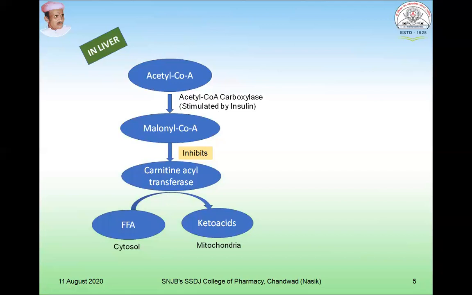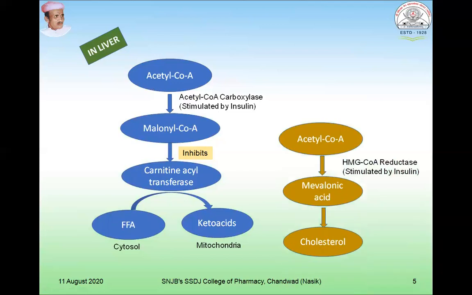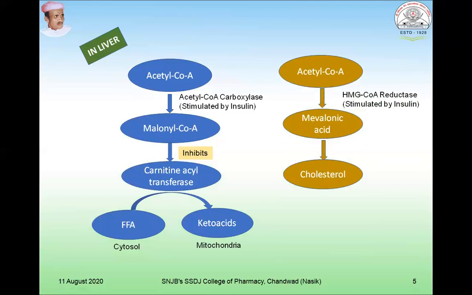Now, insulin also facilitates the synthesis of cholesterol in the liver from acetyl-CoA by activation of the enzyme HMG-CoA reductase, the rate limiting step in the process. So actually in the liver, insulin stimulates the formation of free fatty acid from acetyl-CoA by this enzyme. It inhibits carnitine acyl transferase.